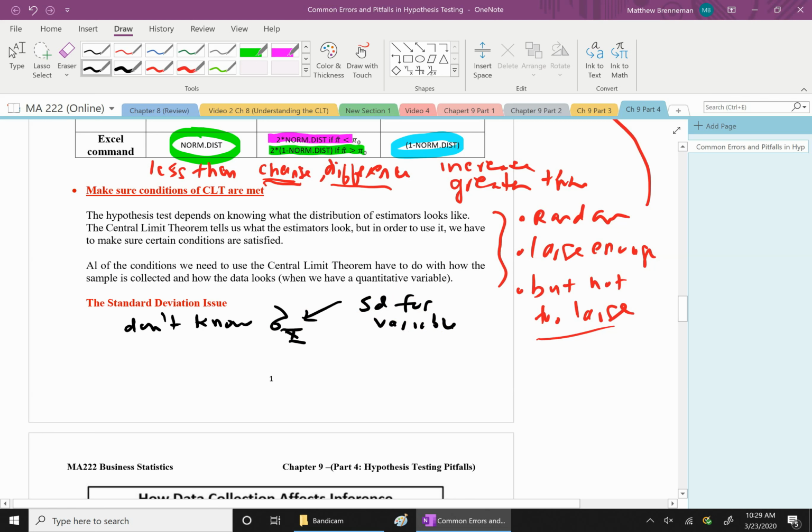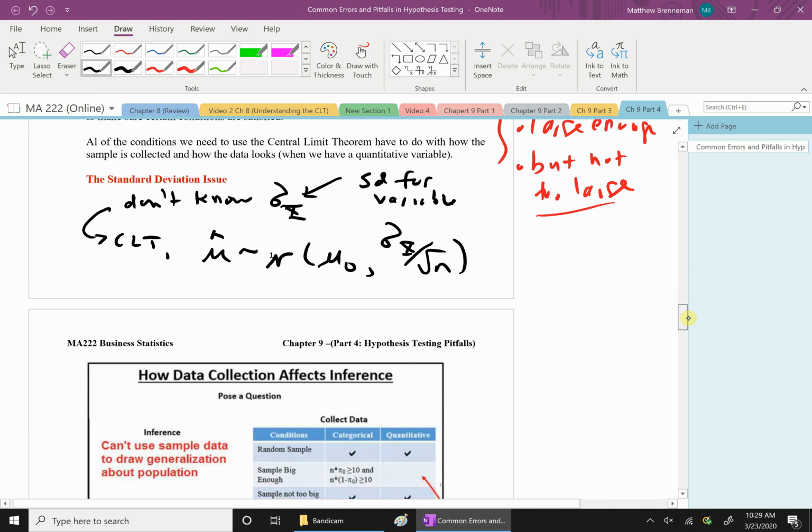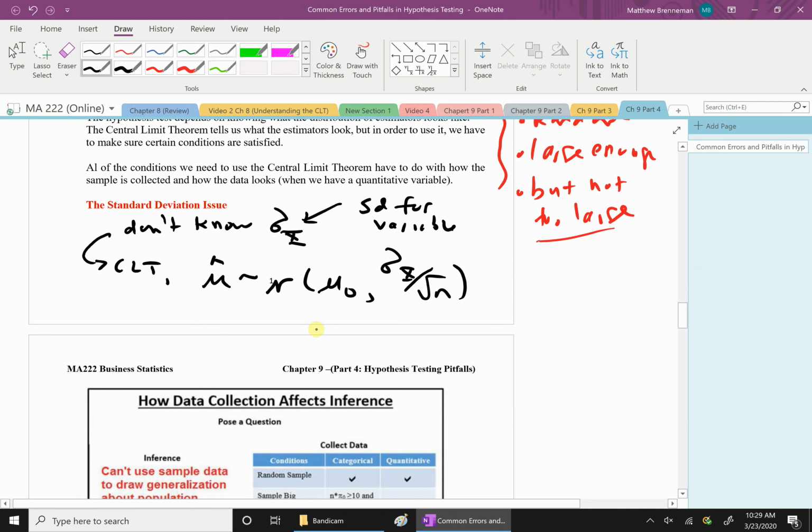The reason why I need to know that is because when I want to use the central limit theorem, I know that the sample mean has a normal distribution. It's centered at the mean under the null hypothesis, and the standard deviation is the standard deviation of the variable divided by the square root of n. Although it might look a little confusing, it's actually not a bad idea to think of this as the mean of the estimators. And this is the standard deviation of the estimators.